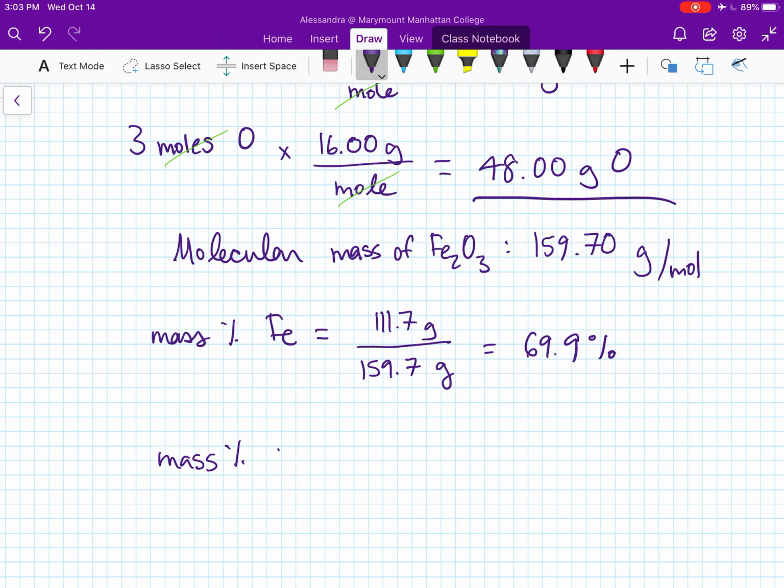The mass percent of oxygen should be 100 minus that. But just to make sure, I'm going to take the 48 grams and divide it by the total, 159.7 grams. And that gives me the remainder, which is 30.1%. So this would be the mass percent composition of both iron and oxygen in Fe2O3.